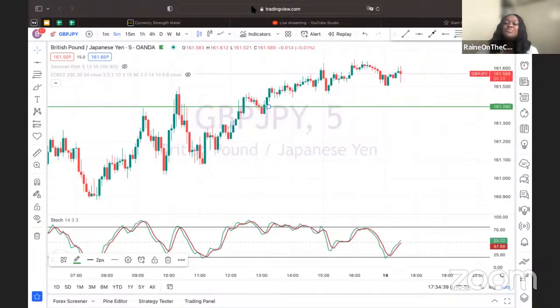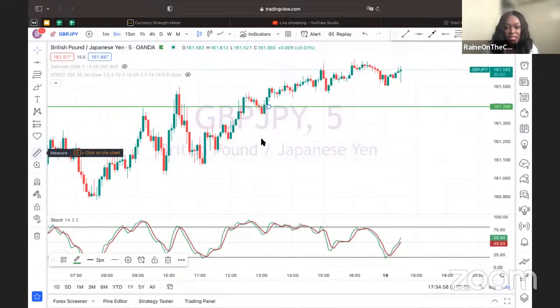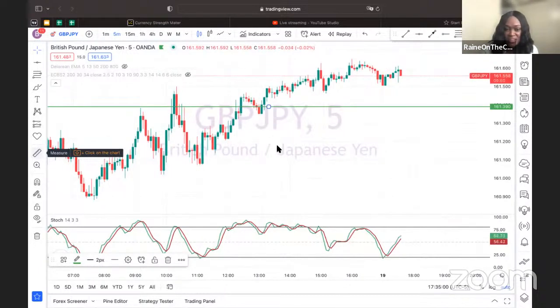Okay, so pips are percentage in profit. That's how we get paid. You get paid based on how many pips you collect. Like I said, it's like a ruler, like this measuring tool. And the more pips you collect, the more money you're making.